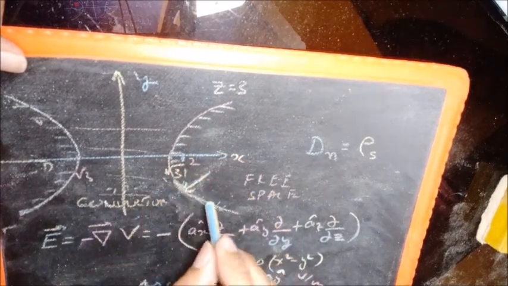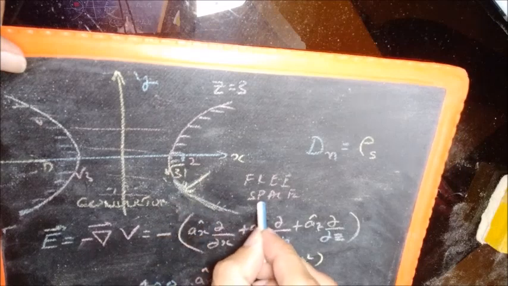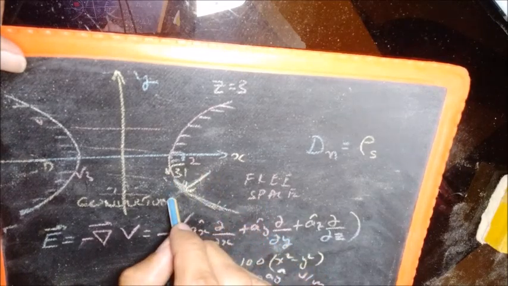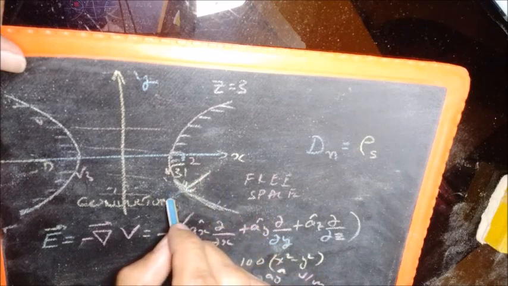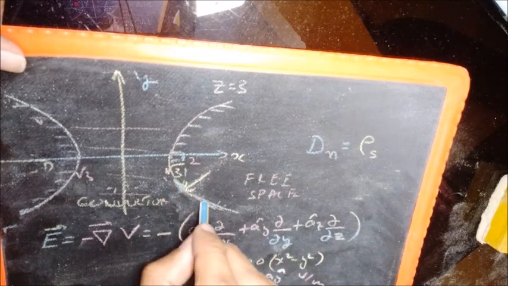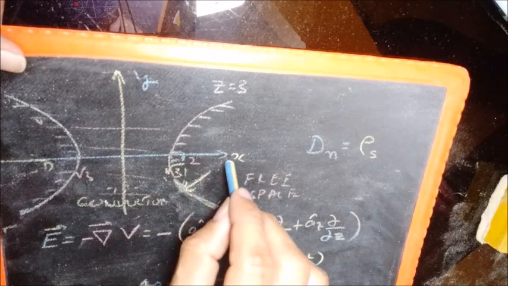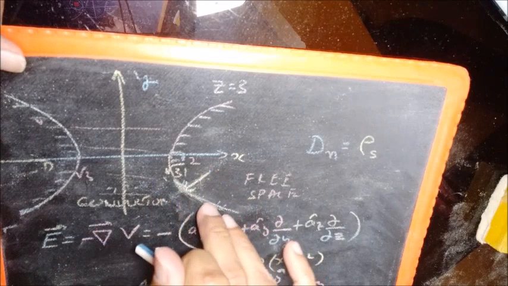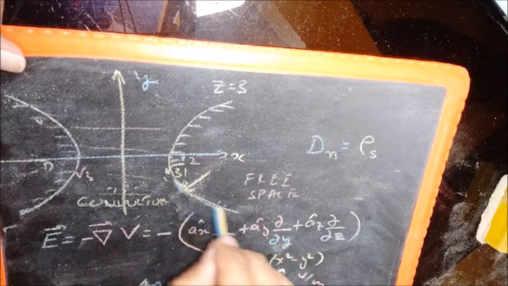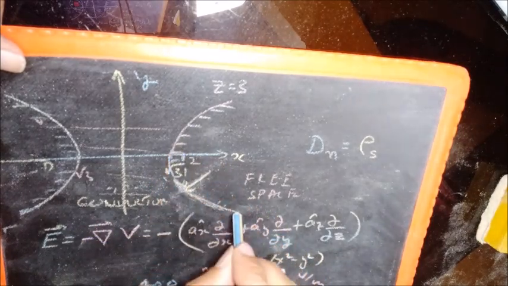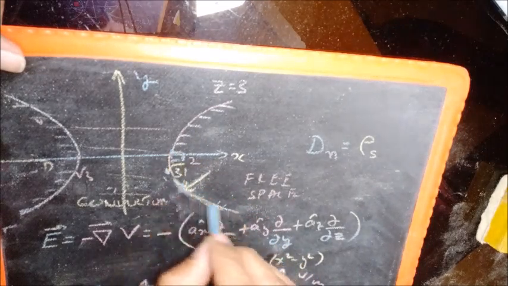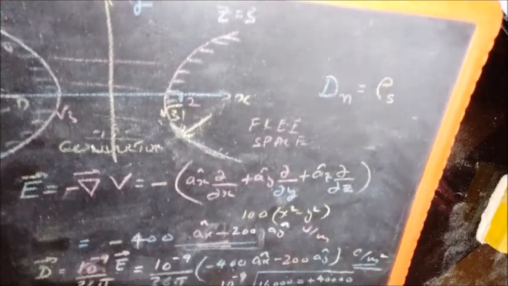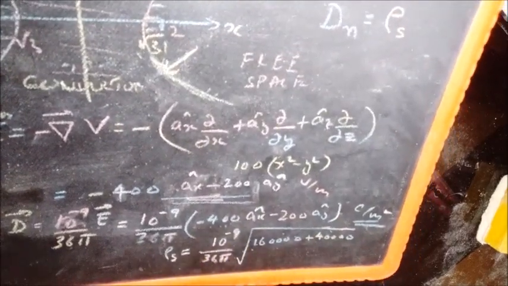Whereas if conductor is here and free space is here as shown here, the direction of electric field remains the same, the direction of electric flux density remains the same, but inside the conductor there will be no field, and since the electric field is coming and converging onto the surface, which is the conductor, the rho s will be negative. It will be a negative surface charge density which will be distributed on the surface here, and that will be the negative value of this. So that completes our solution.